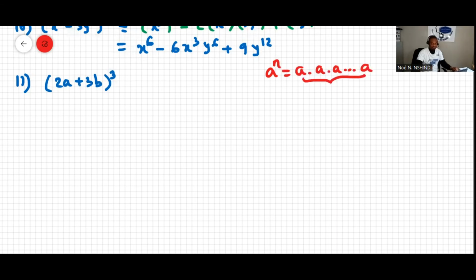Now (2a plus 3b) to the power of 3 is one thing raised to the power of 3. This is the same as 2a plus 3b times 2a plus 3b.